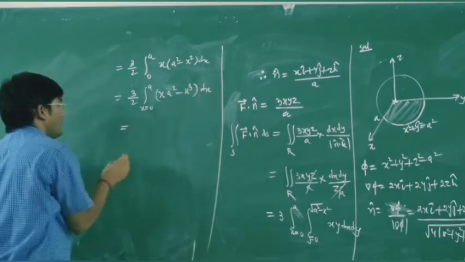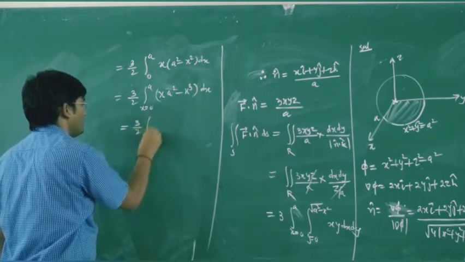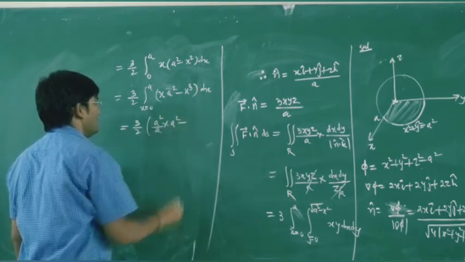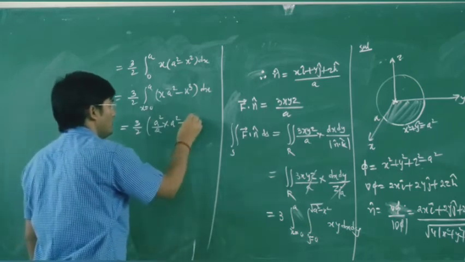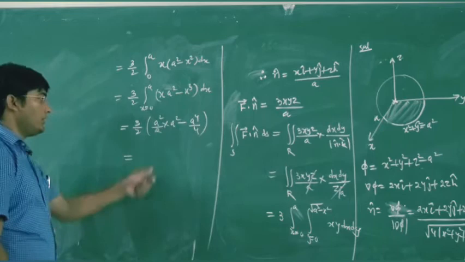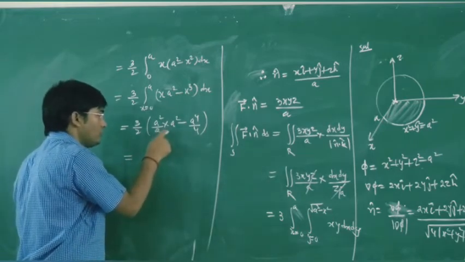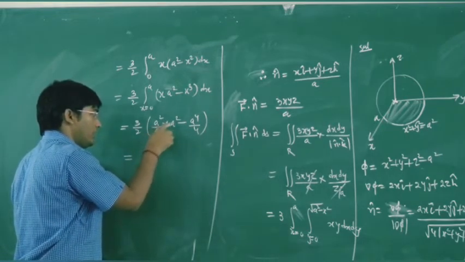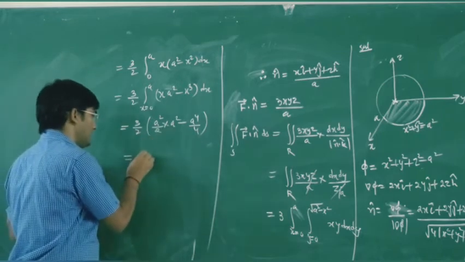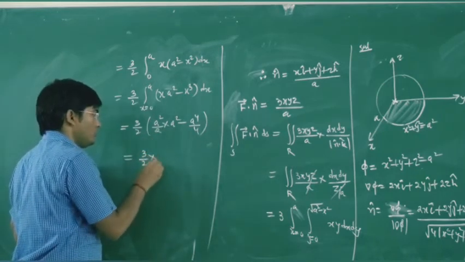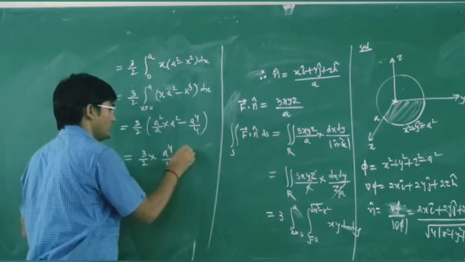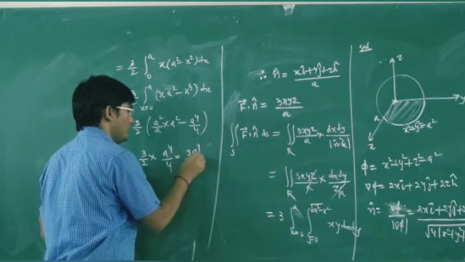Now the integration of x will be x square by 2, so we have a square by 2 into a square, then here we have x power 4 upon 4. Now this is a power 4 upon 2, so this will be basically equal to 3 into a power 4 upon 4, so this is equal to 3a power 4 upon 8.